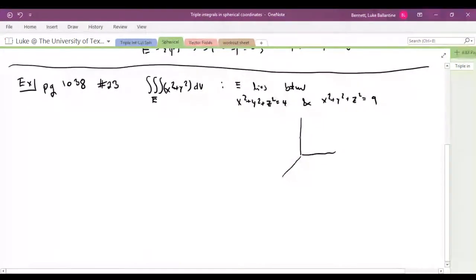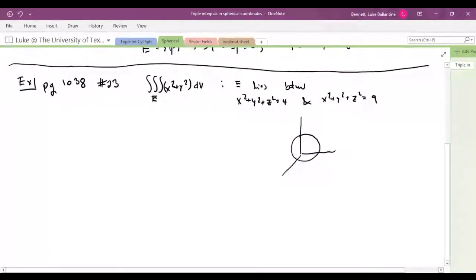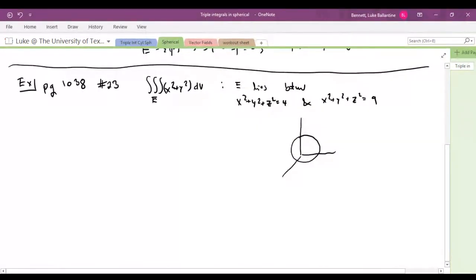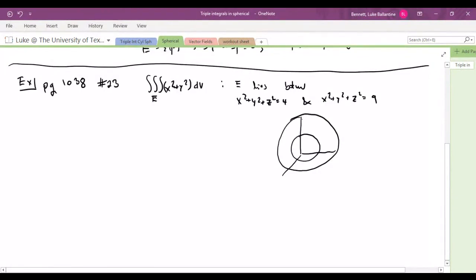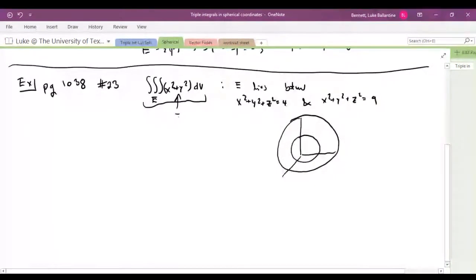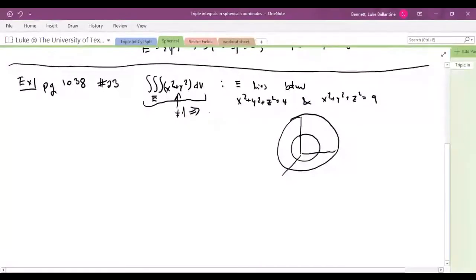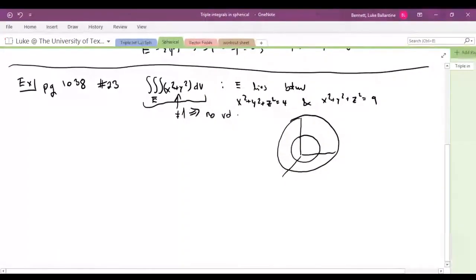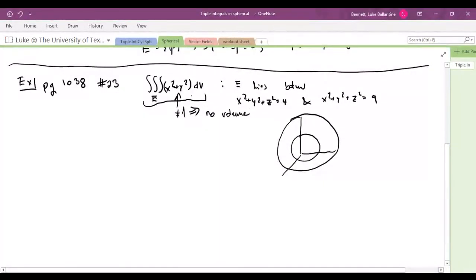This is distance 2 from the origin. This is distance 3 from the origin. And then it's the volume between these that we're integrating over. This triple integral doesn't calculate volume because the integrand is something other than 1. It would be a mass if this was a density function. Okay.